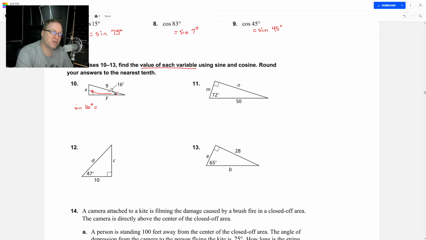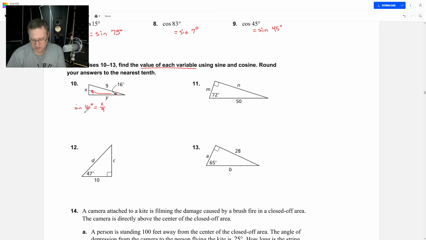And the hypotenuse is always the long side that is opposite the right angle. Here's our right angle, so it's 9. So that means the sine of 16 degrees has to be x over 9. So we just need to know what is the sine of 16. And that's where you need a calculator.